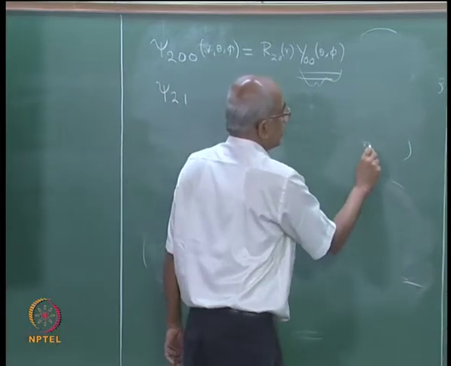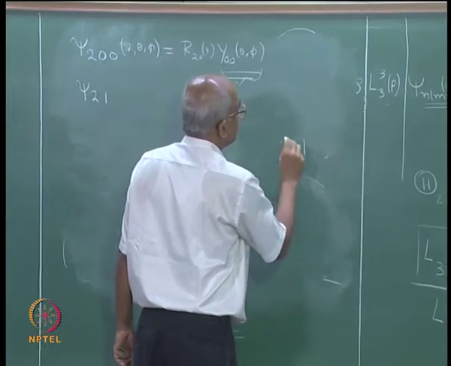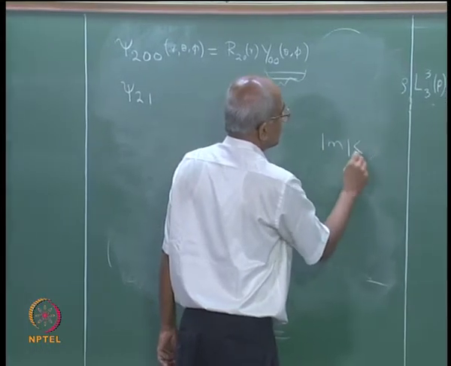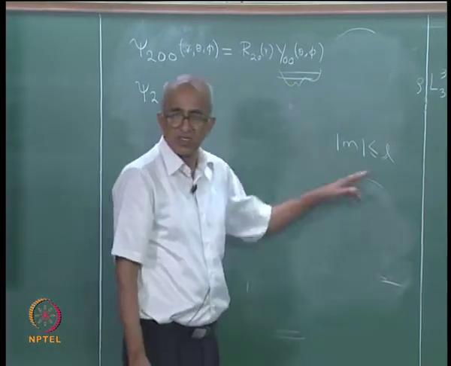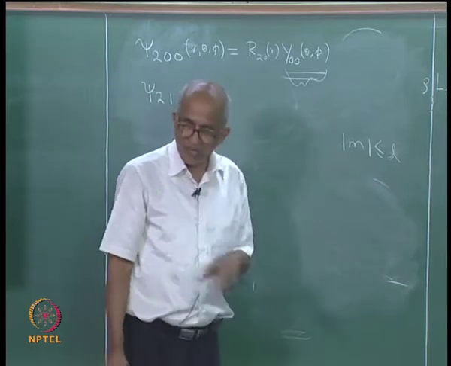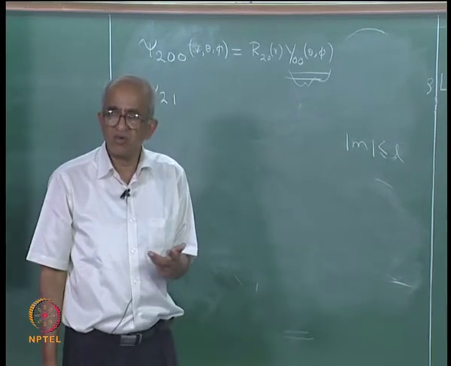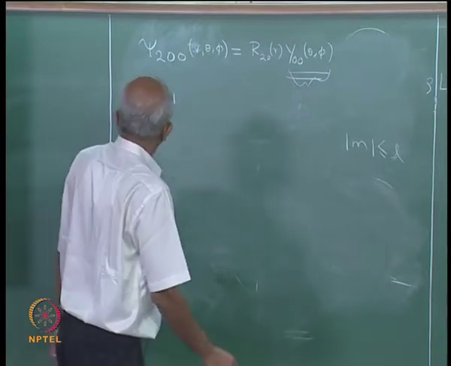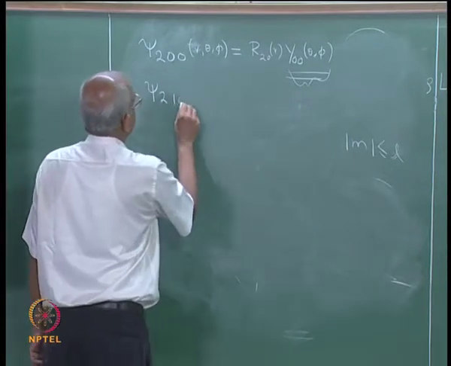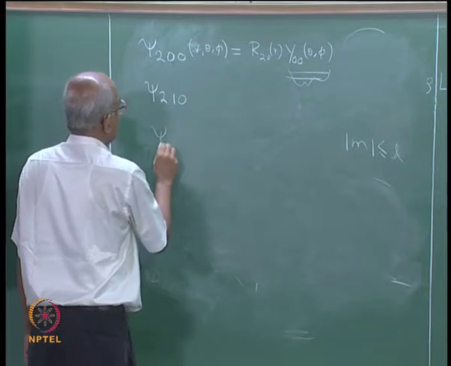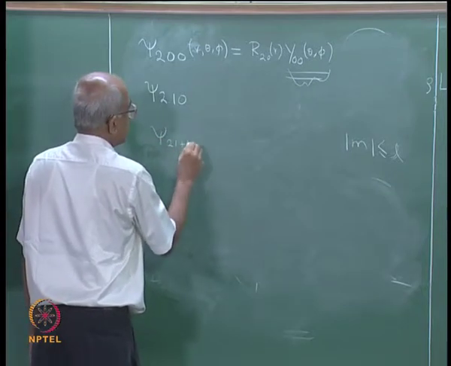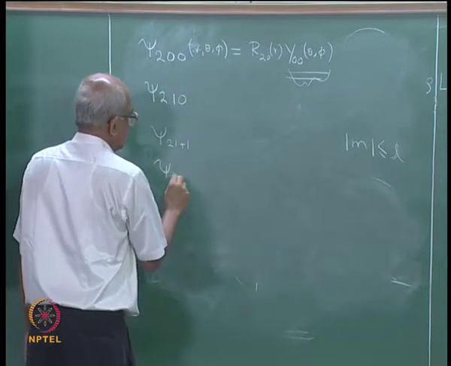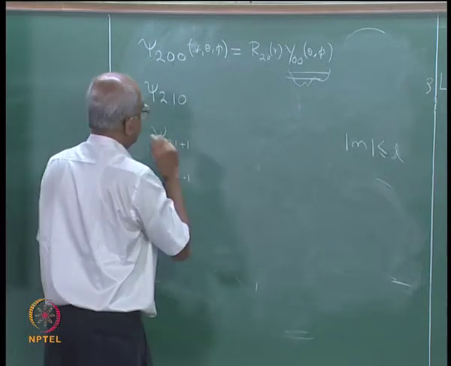Remember, m is constrained to be, this is the condition. So, if L is 1, m can be 0, that is a possibility, or it may be plus 1 or minus 1. So, therefore, you have psi 2 1 0 as one solution, psi 2 1 plus 1 as another solution, psi 2 1 minus 1 as the third solution.